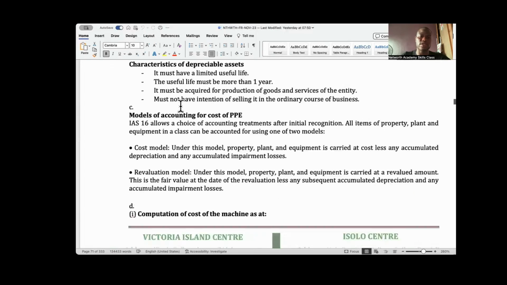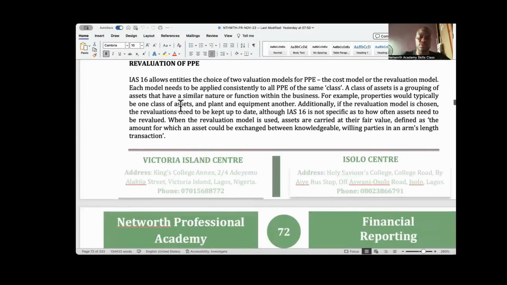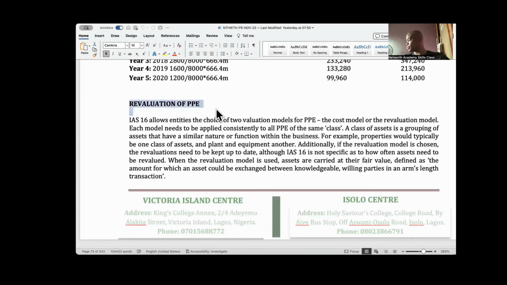So let me start with revaluation. Okay, revaluation of PPE. Now, this revaluation of PPE really has to do with when an entity is using a revaluation model. When an entity is using a revaluation model, the entity must revalue that PPE.